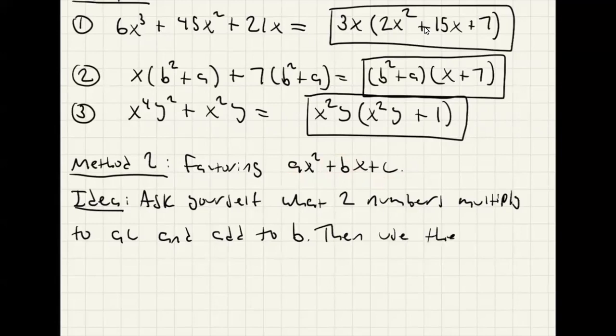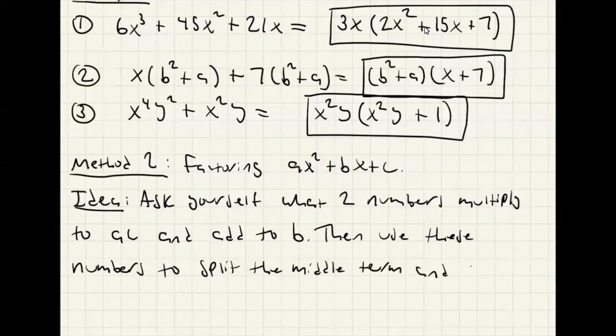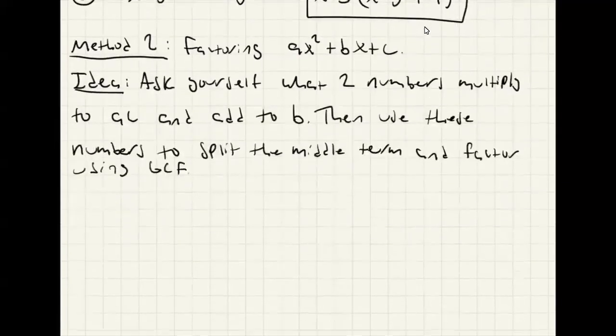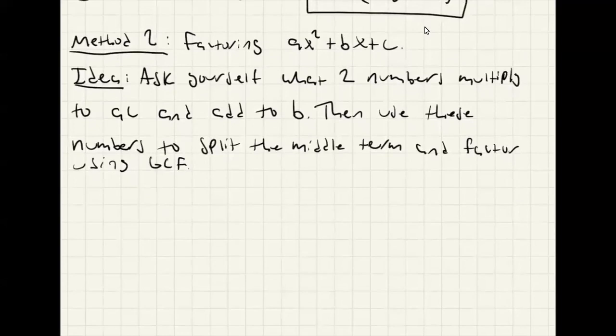Then use these numbers to split the middle term. And you factor using the greatest common factor. So this is the idea. Lots of words. It'll make more sense if we just do an example or a few examples, I think.